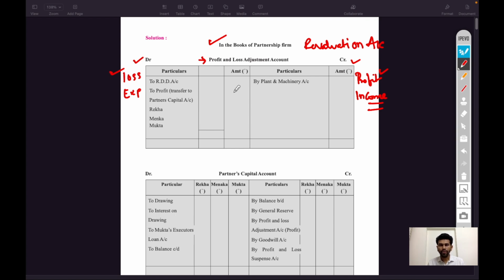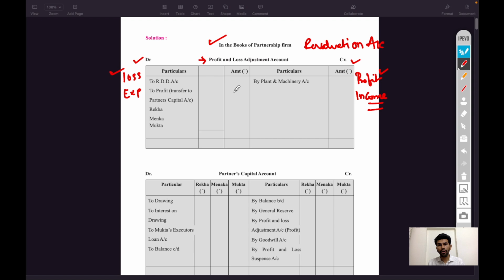Similarly, we have not increased or decreased liabilities in real, but at the time of revaluation, the value of liability can be changed. It is not the real loss or real profit. Increase in value of asset is not actual profit until we sell the asset. Therefore, it is called as notional profit and notional loss.